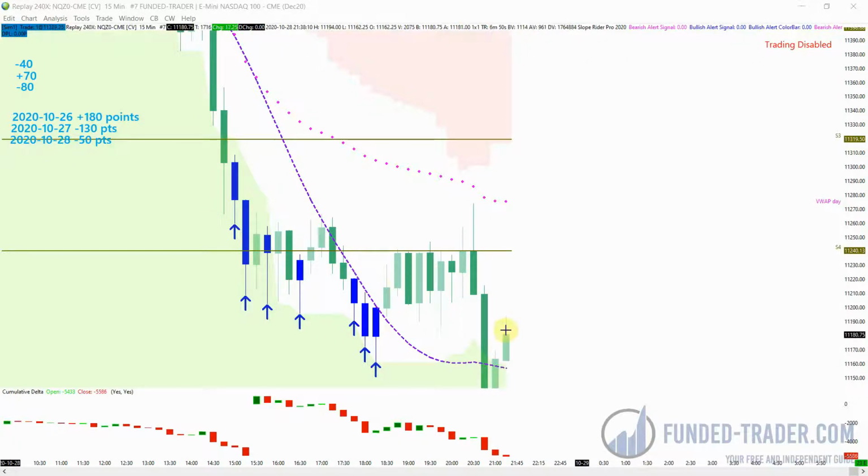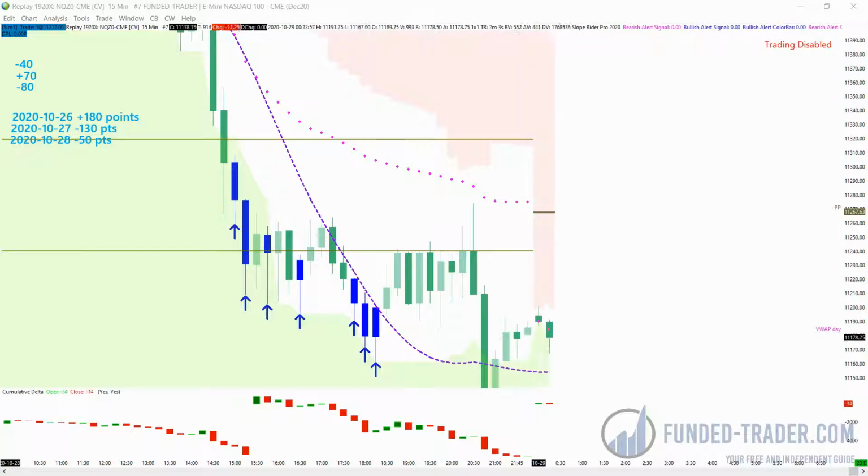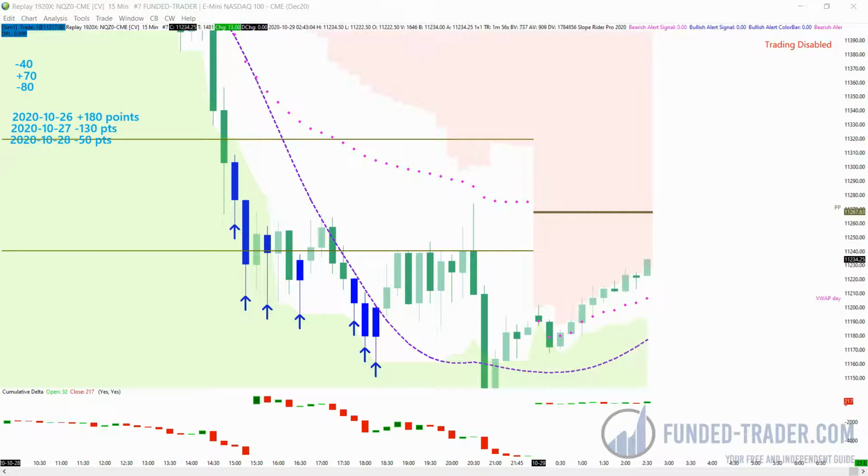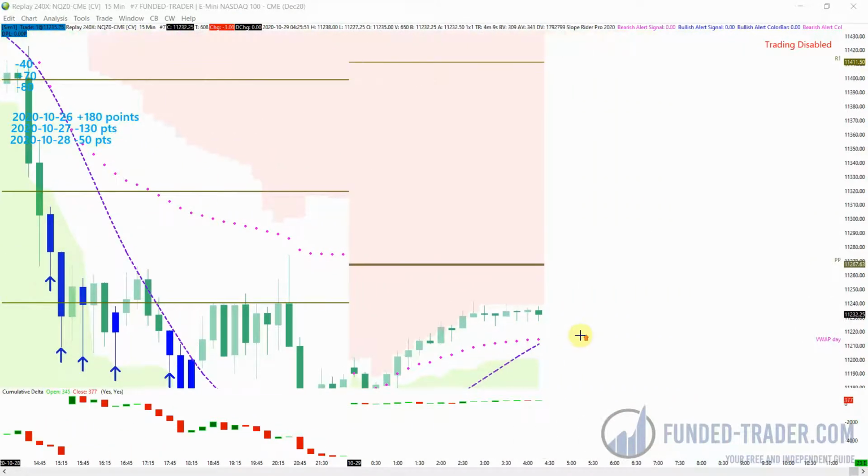Now we move on to the next day. Let me speed it up. Speed up, speed up until 6 in the morning or so. Okay, a little slower now.